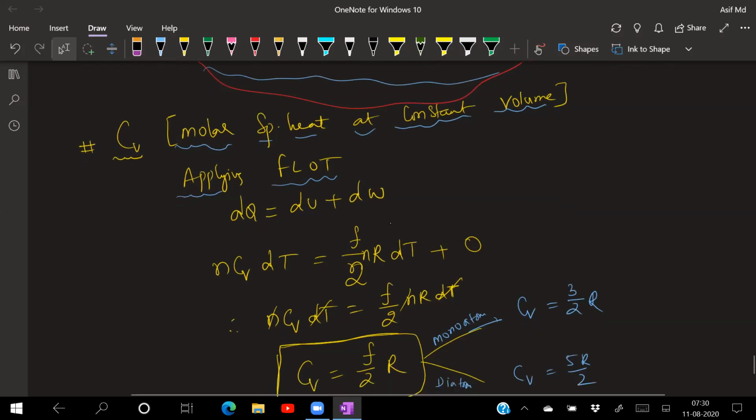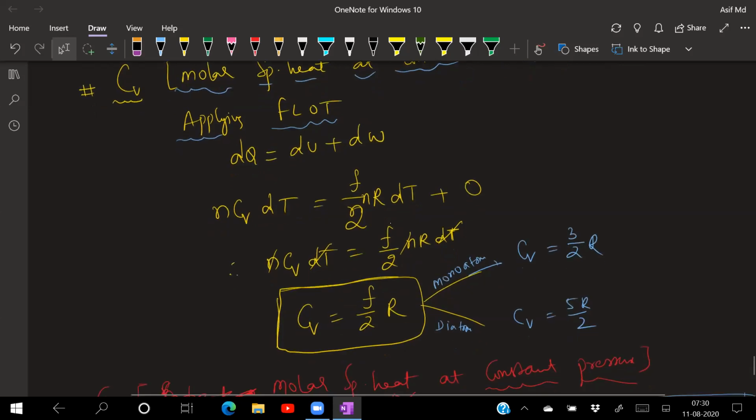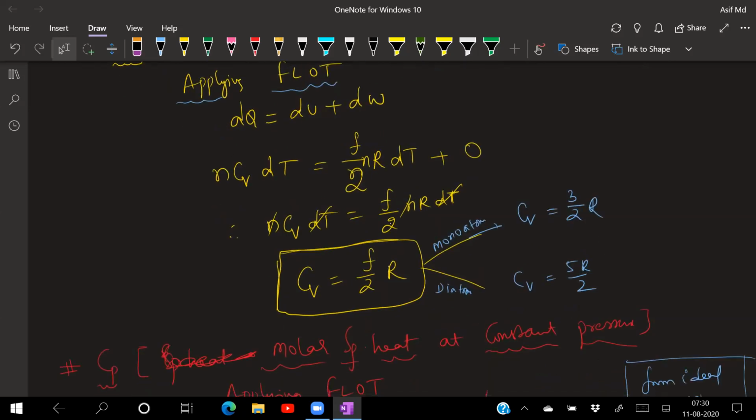And dU is f by 2 into nR into dT, plus dW is 0 because the volume is constant. Simplifying, we get n Cv dT is equal to f by 2 nR into dT. dT gets cancelled, number of moles gets cancelled. So Cv is equal to f by 2 into R. So that is about your molar specific heat at a constant volume.